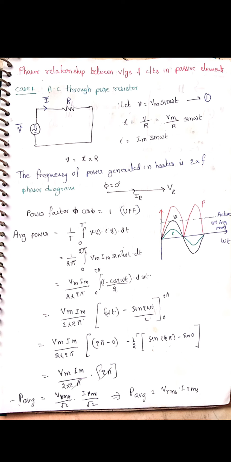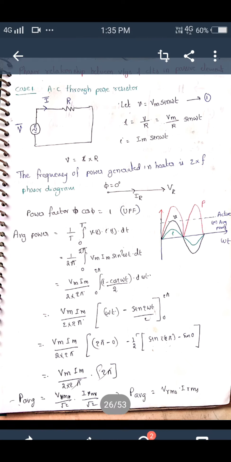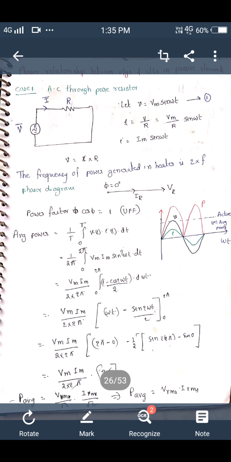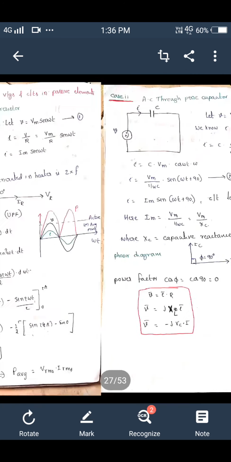This we can write as average power equal to Vrms by root 2 into Irms by root 2. Why? Because the RMS value is nothing but V maximum by root 2. So we define the expression for power in terms of RMS values as Vrms into Irms. Remember, across the resistor the expression for power is Vrms into Irms.